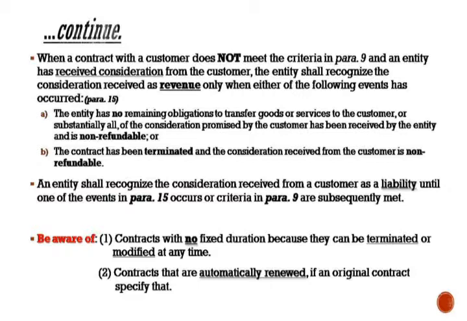We have 2 conditions. If the criteria are not met for the contract, and the money has been received, the contract is non-cancelable, and the company has no remaining obligation, or the customer has terminated the contract and the money is non-refundable.